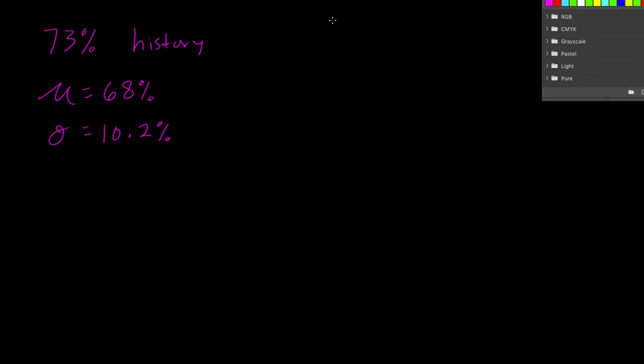Okay, in math, she scored 66%, where the mean was 62% and the standard deviation was 6.8. Now, in which subject did Kelly perform better compared with the rest of her class? Assume the scores for both subjects are normally distributed.